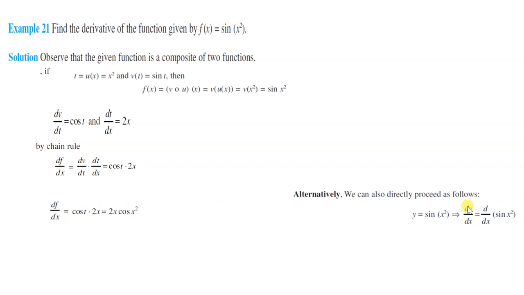So we have dy by dx of sin x square, and the differentiation of sin is cos, and what is this a function of? It is a function of x square. So first of all we differentiate sin, we get cos x square, but since it is a function of x square, we use the chain rule directly and multiply it with the differentiation of this x square, which is 2x. So we can have it directly. Thank you.